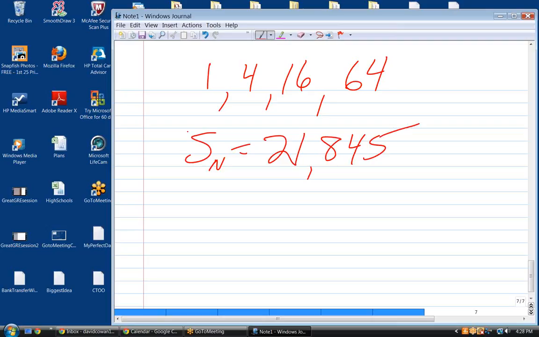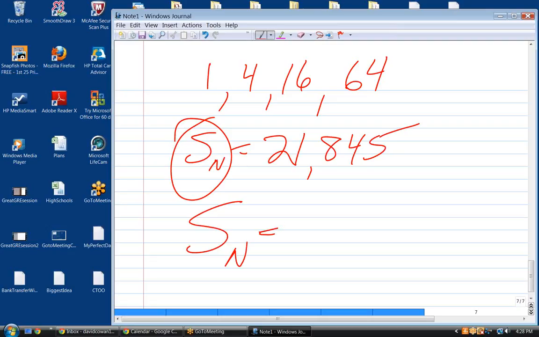Okay. We do need to know what sum is. In other words, they're saying how many terms are in this, right? Yeah. Okay. So we need the formula for sum of a geometric series.